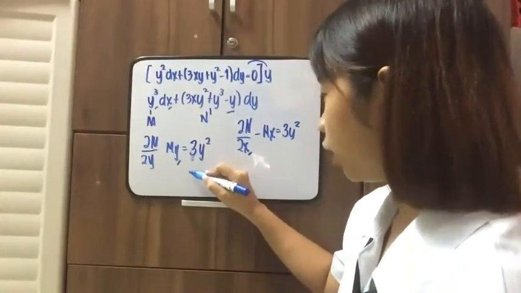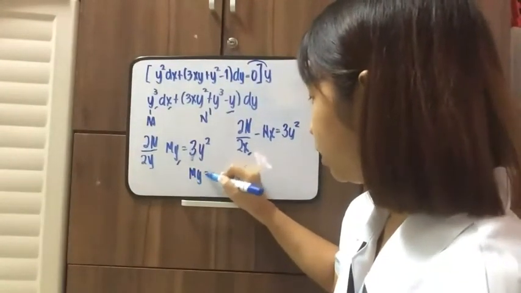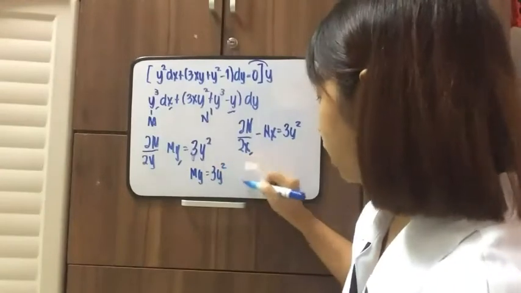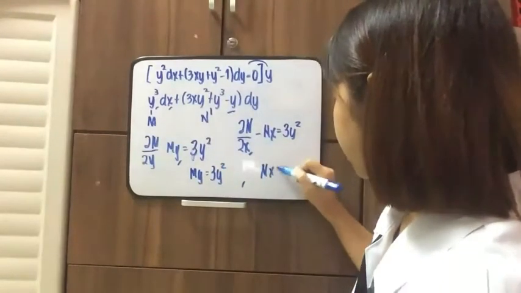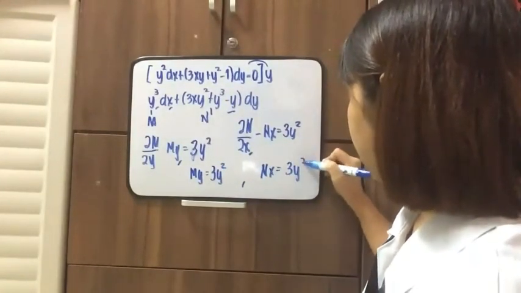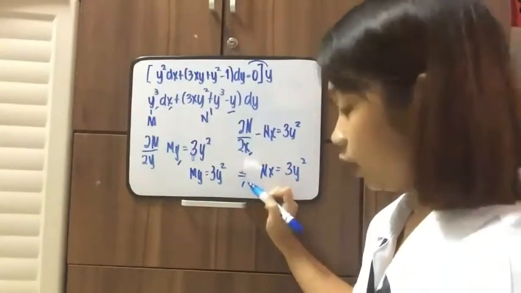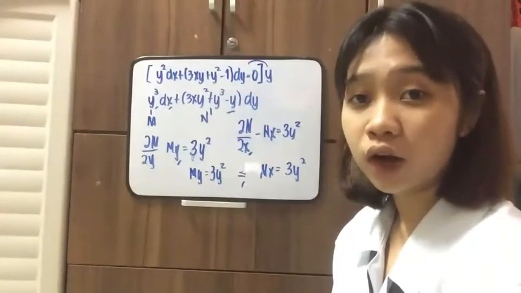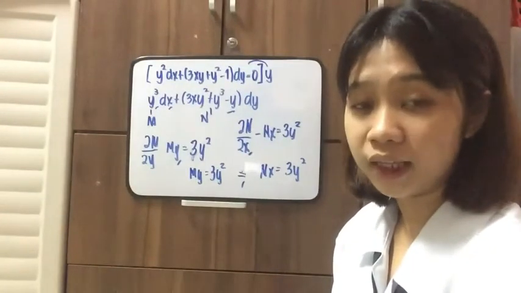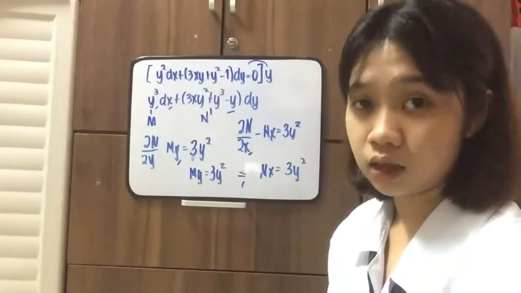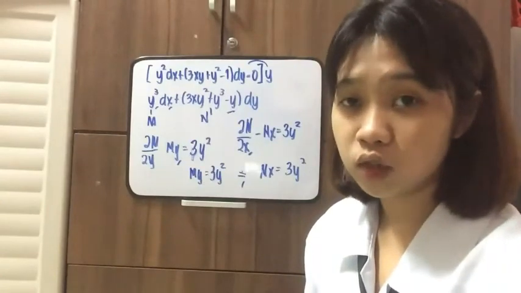Our value for M is 3y squared, and our value for N is also 3y squared. We can see that they are now equal. Therefore, our integrating factor y is correct, that it results to having our equation exact.